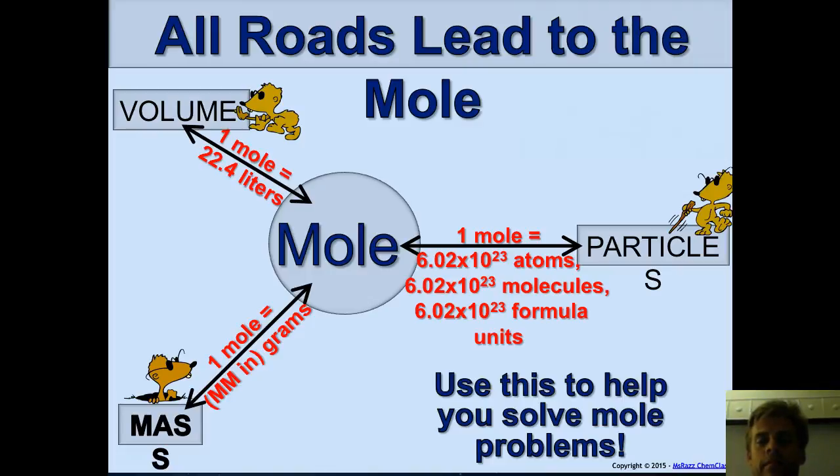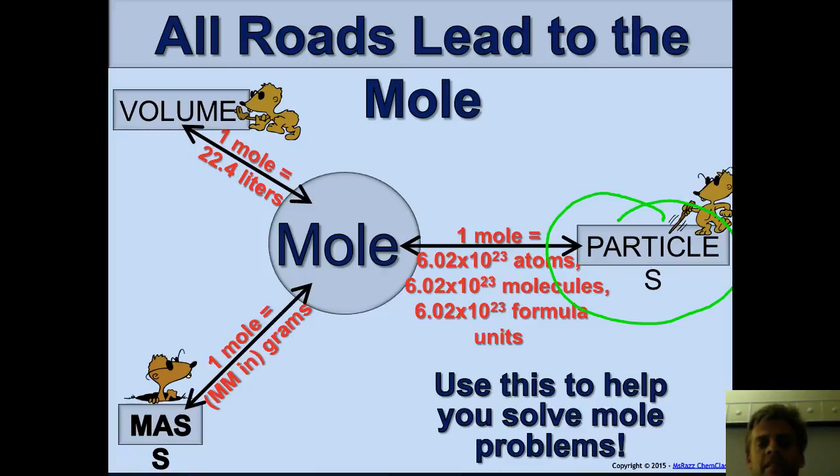So if I were given something in, let's say, particles, right? Let's say they told me how many atoms I had, and let's say it was actually of a gas. So they started me over here in particles, and they wanted me to say how many liters, or it could be really any unit of volume. To be honest, it could be milliliters. They could change it on you. We could get more and more complex.